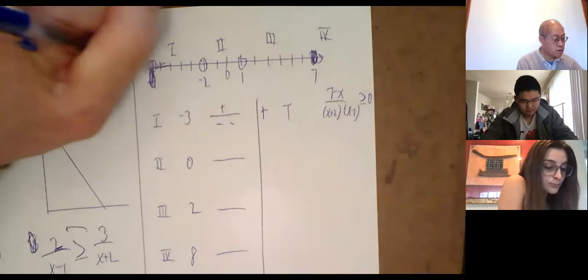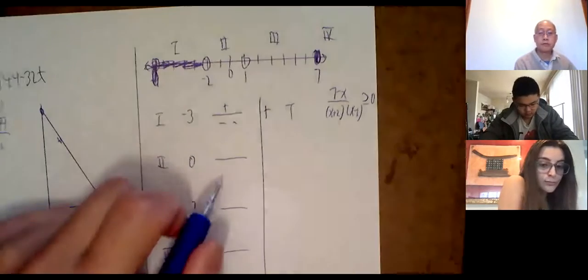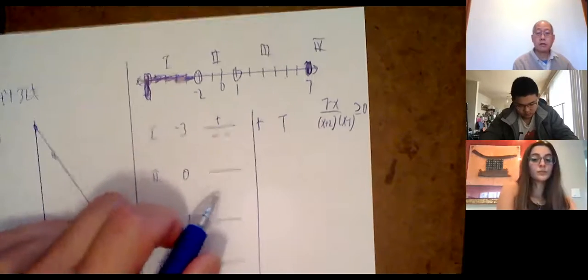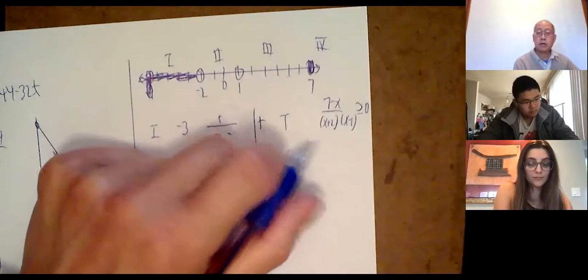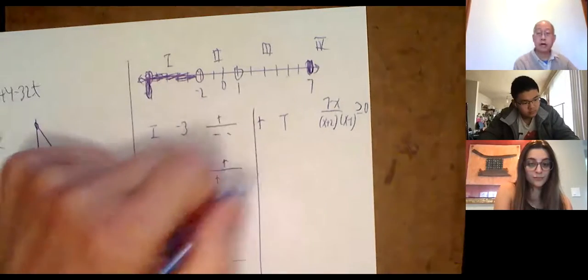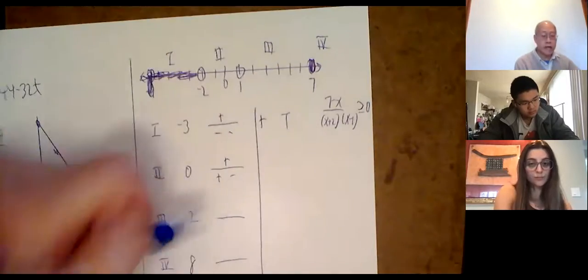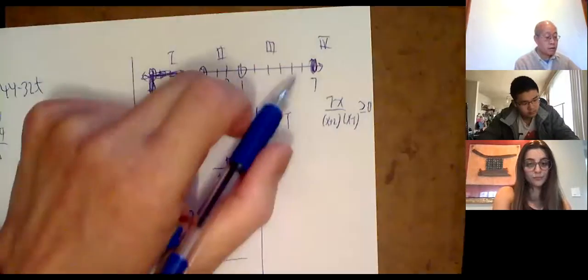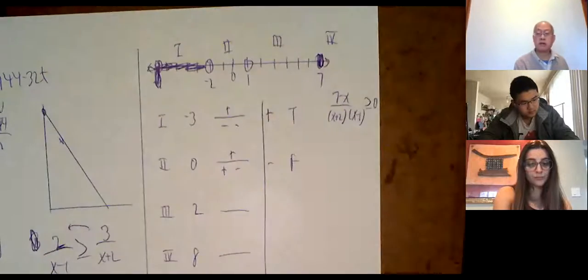So region 1. Okay, 0, 7 minus 0. 0 plus 2, positive. 0 minus 1 is negative. So 1 negative means negative. Negative greater than or equal to 0, that's false. Do not shade in region 2.